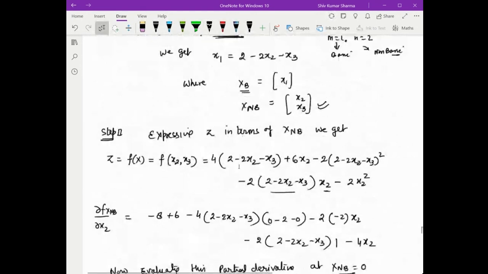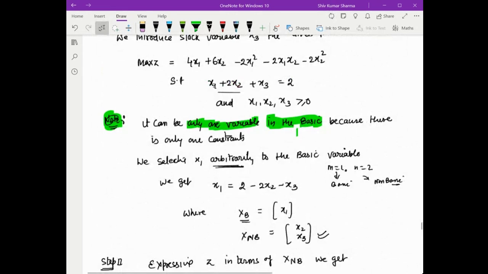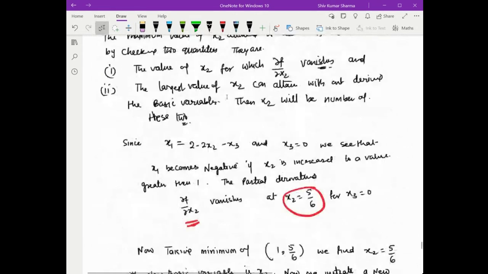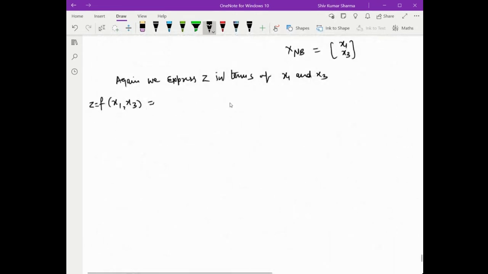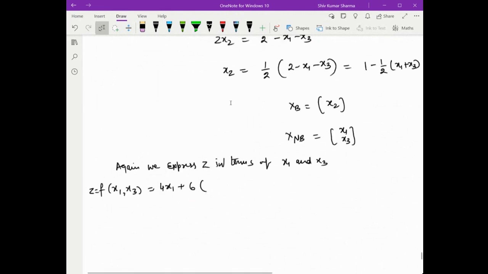The function is 4x1 plus 6x2, where x2 means 1 by 2 times (2 minus x1 minus x3).